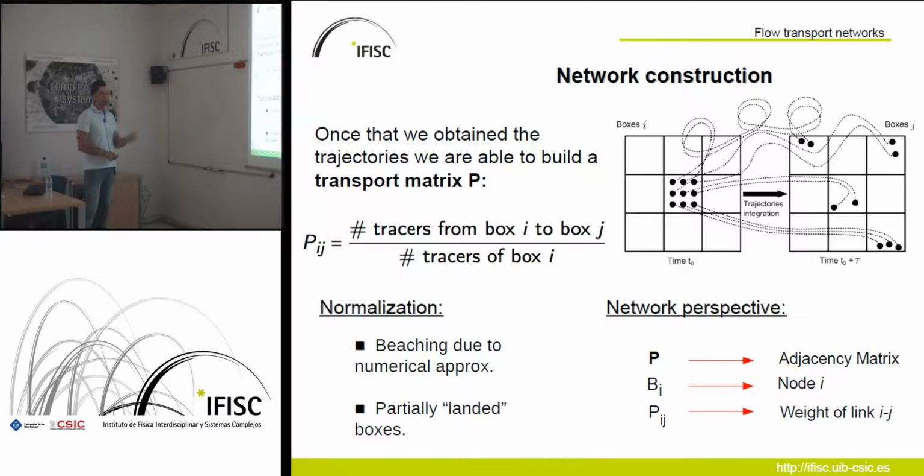There are some problems due to, for example, numerical errors, and to the fact that some of these nodes could be partially covered by land. So we have to normalize this matrix properly. But at the end, this matrix will be the adjacency matrix of our network. Each box i will be the node i of the network, and the matrix element Pij will be the weight of the link between node i and node j.